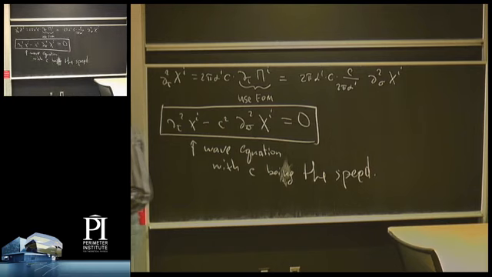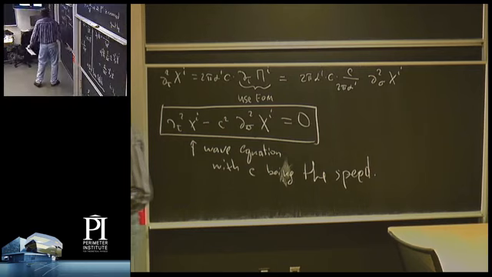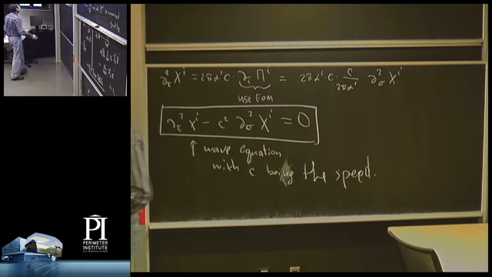Okay, so what we have to do next, we have to go ahead and solve this equation, right? We have to do this subject to appropriate boundary conditions. So remember that the only Lorentz invariant boundary condition for the open string was the Neumann boundary condition.